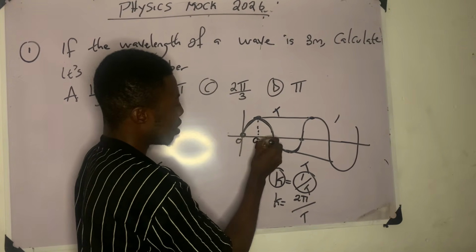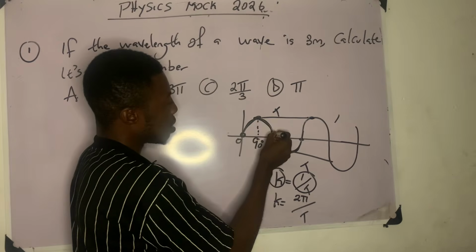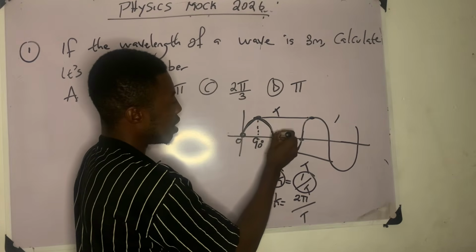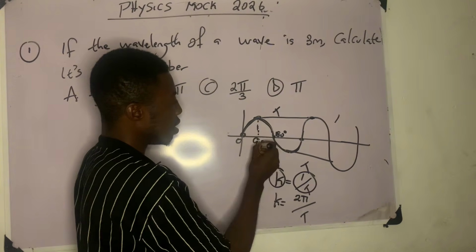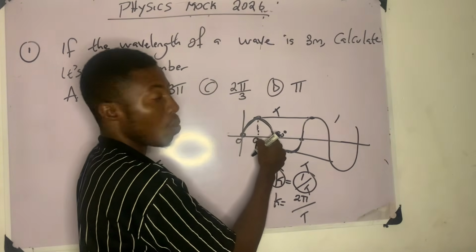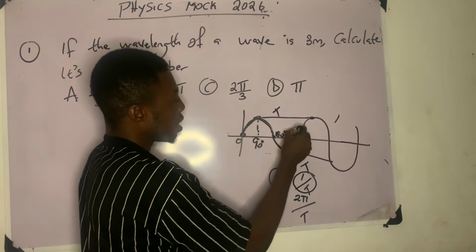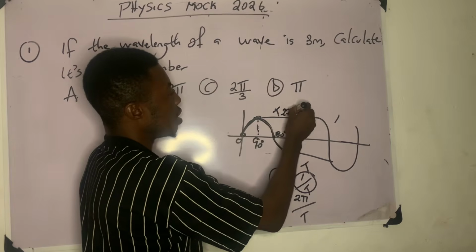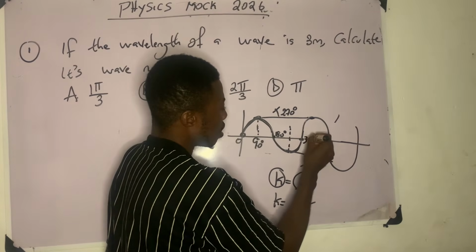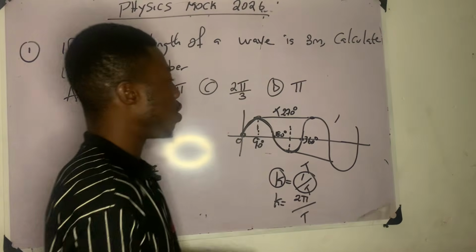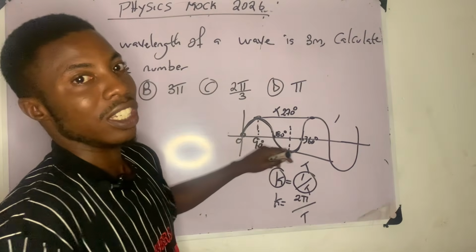Here is 90 degrees. Then if you reach this particular point here, it is 180 degrees. Half of this is 90 degrees, this edge is 180 degrees. Now, this particular place is 270 degrees. Then from here is 360 degrees.